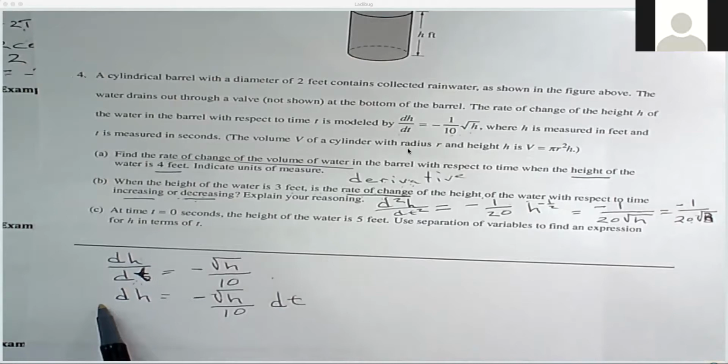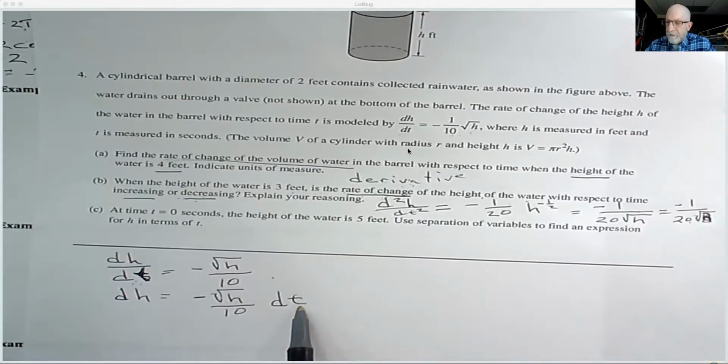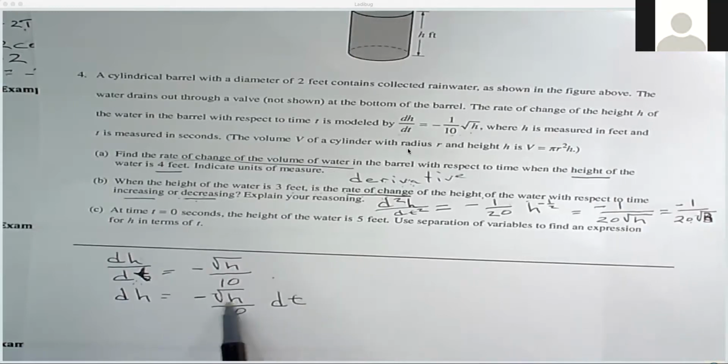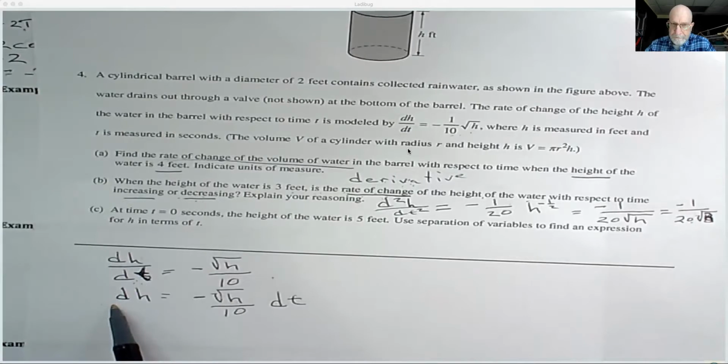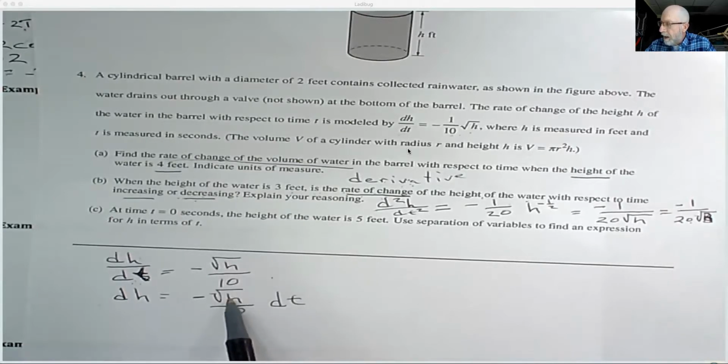And this h does not match up with this t, does it? No. This h has to be on the dh side, okay? So in other words, we're separating them, hence the word separation of variables. So this square root of h has to be removed from this dt.